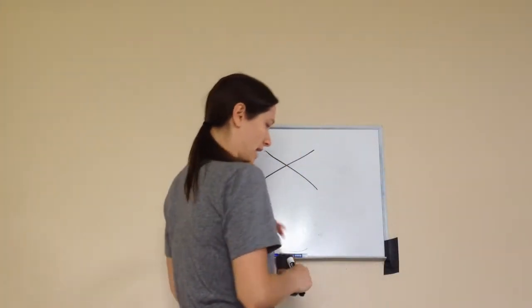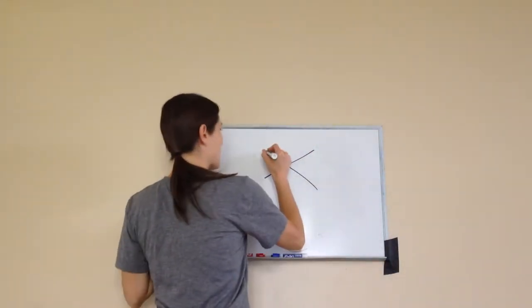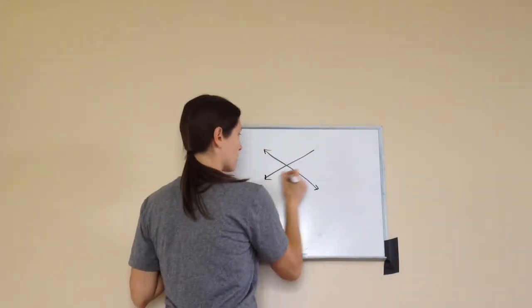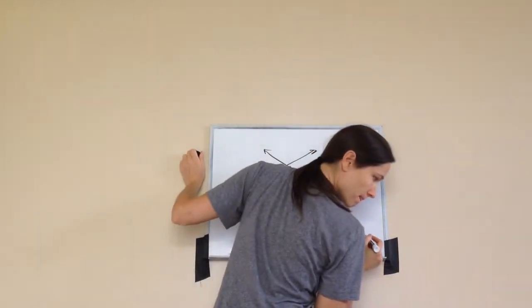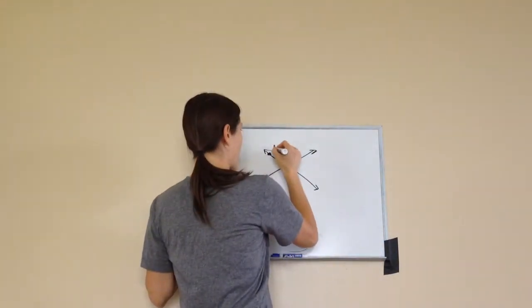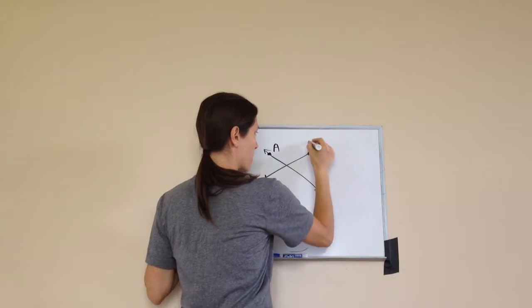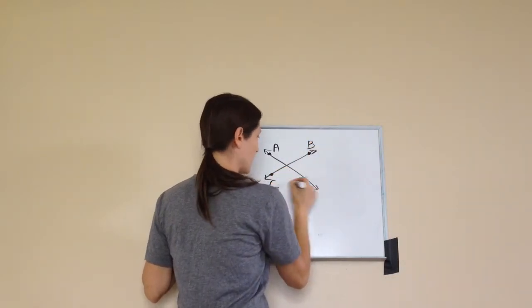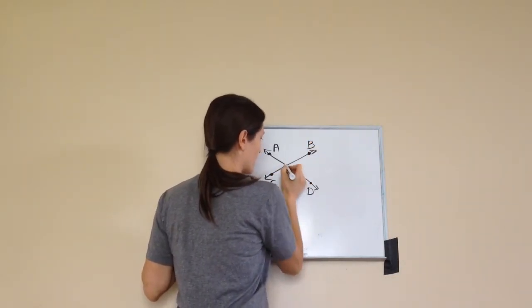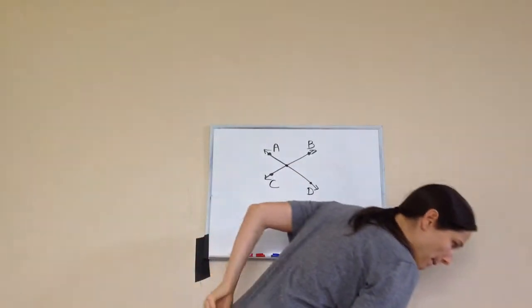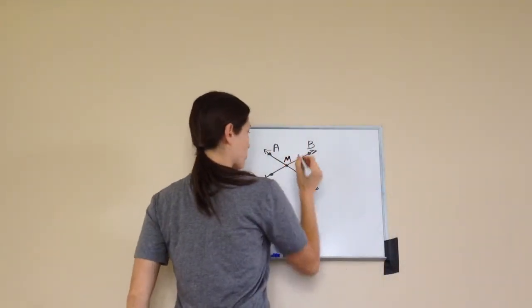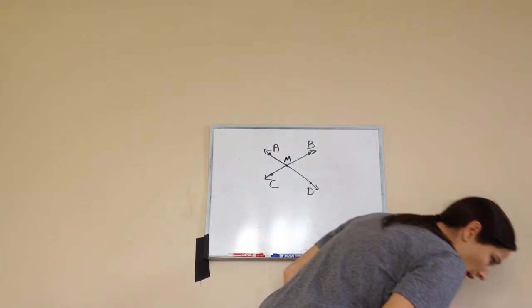let's look at how when we cross lines, what we're going to call them. Okay, first of all, let me label these. A, B, C, and D. And this middle one they're going to call M. Not for measure, just that's letter M. Okay?